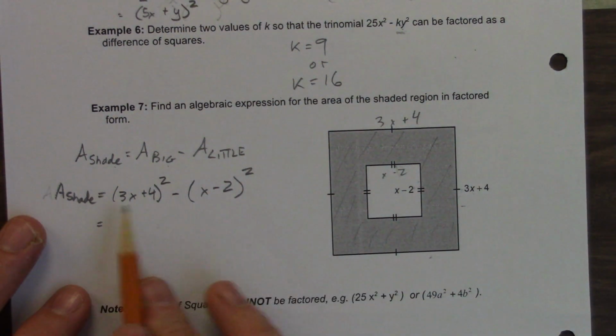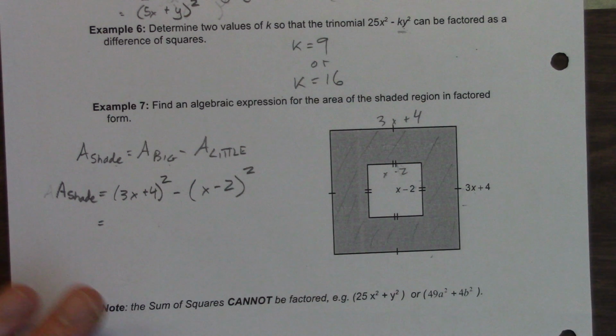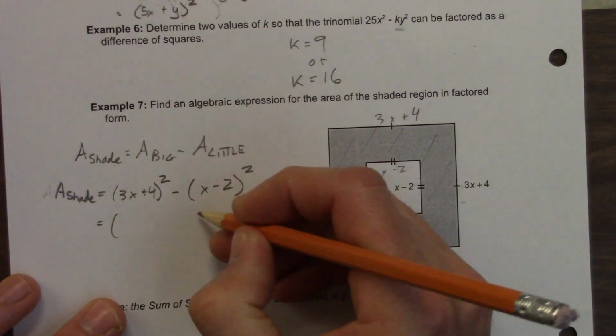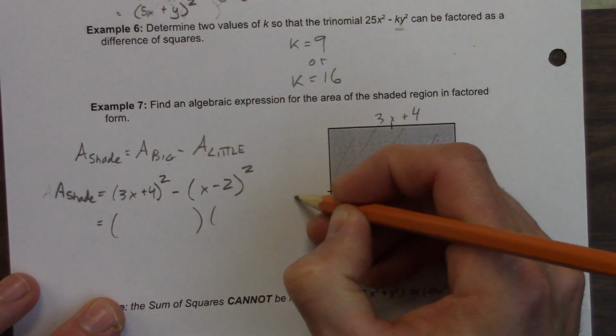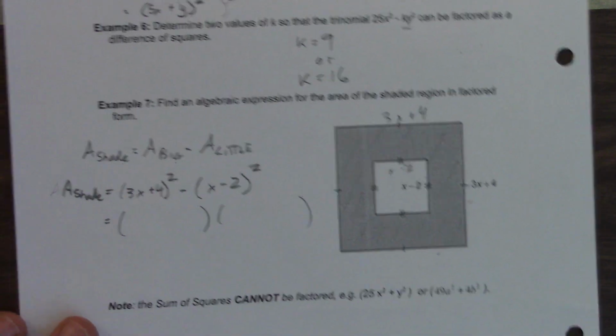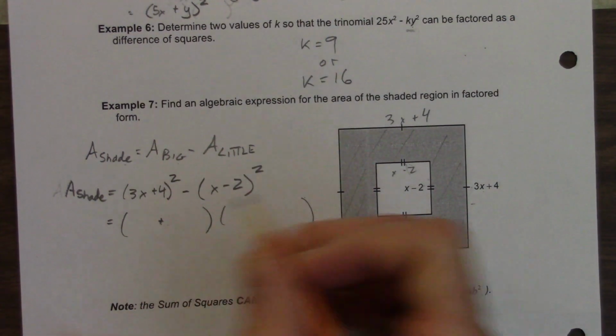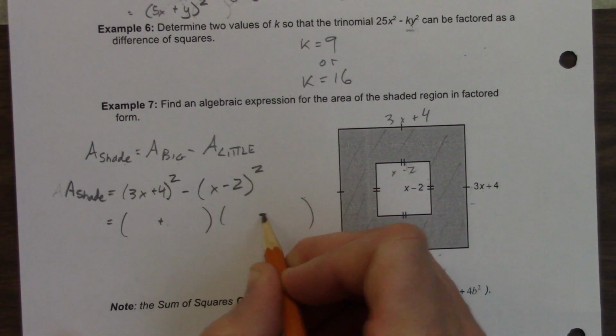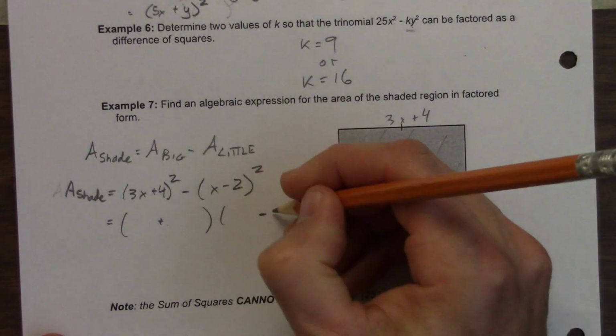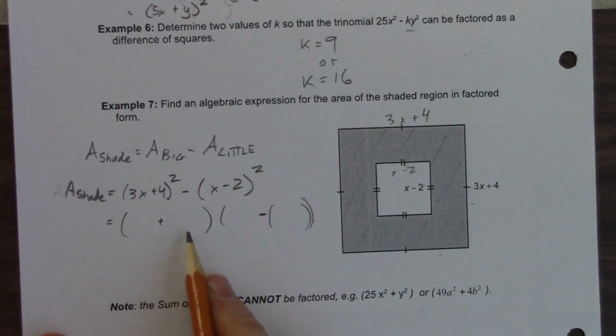Milkius, can you tell me what's next? What do I do here? If I have a difference of squares, I can go to two brackets. Right? What am I going to put? One is going to be plus. One's going to be minus. What do I put here and here and here and here?